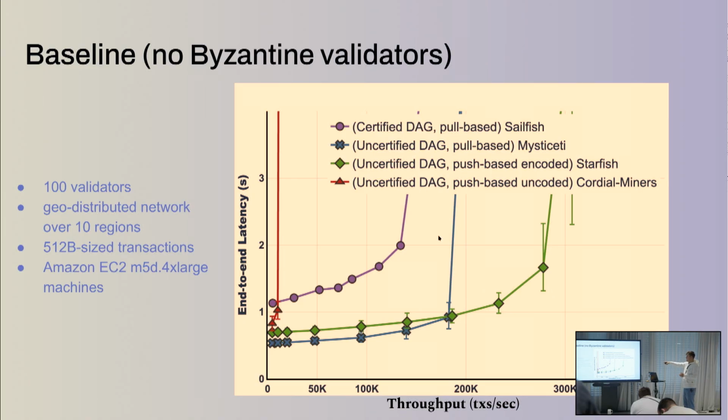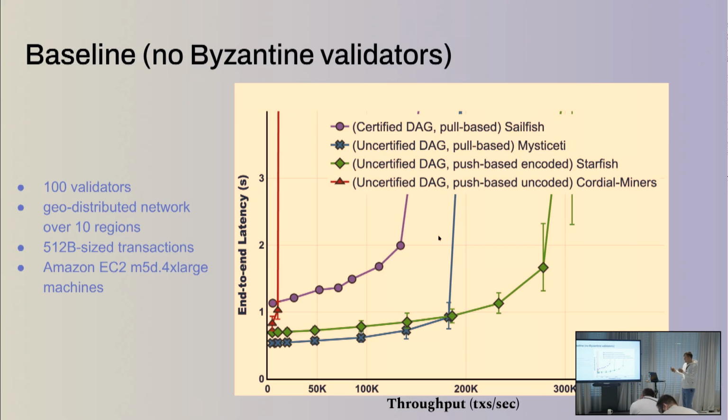As you can see, the uncertified DAG-based protocol has better performance, and particularly Starfish has better performance at a very large scale, because we do encoding, and because we can integrate blocks much faster than another protocol, Mysticeti, which uses a pull-based strategy to retrieve missing ancestors from its peers.